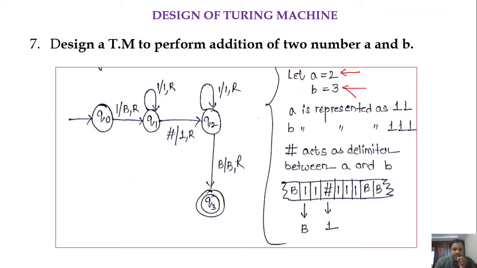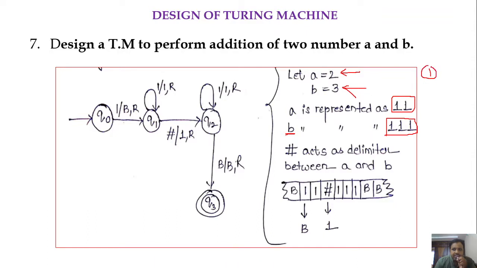Here the A value is 2, so to represent 2 we are using two ones. The B value is 3, so to represent that 3 we are using three ones. So the number of ones specifies the value of that input. That is how we are representing the input.